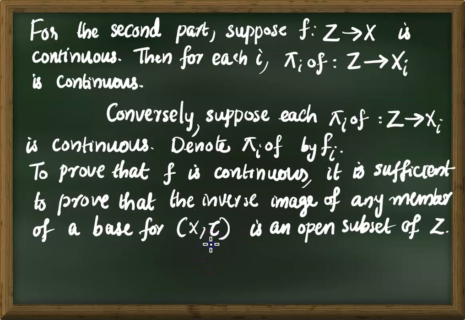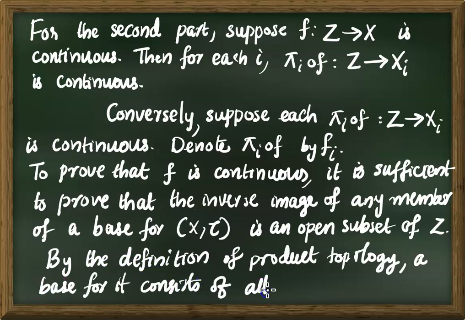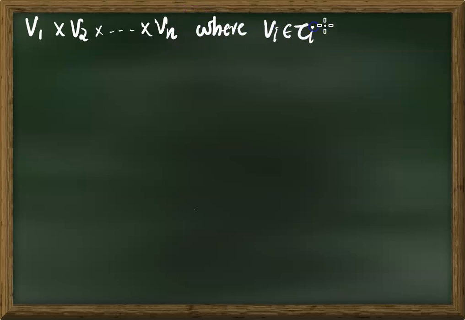We know that tau here is the product topology on the Cartesian product X and that a base for tau can be taken to be the collection of all open boxes. That is, by the definition of product topology, a base for it consists of all sets V of the form V_1 cross V_2 cross etc. cross V_n, where each V_i is an element of tau_i for i varying from 1 to n.